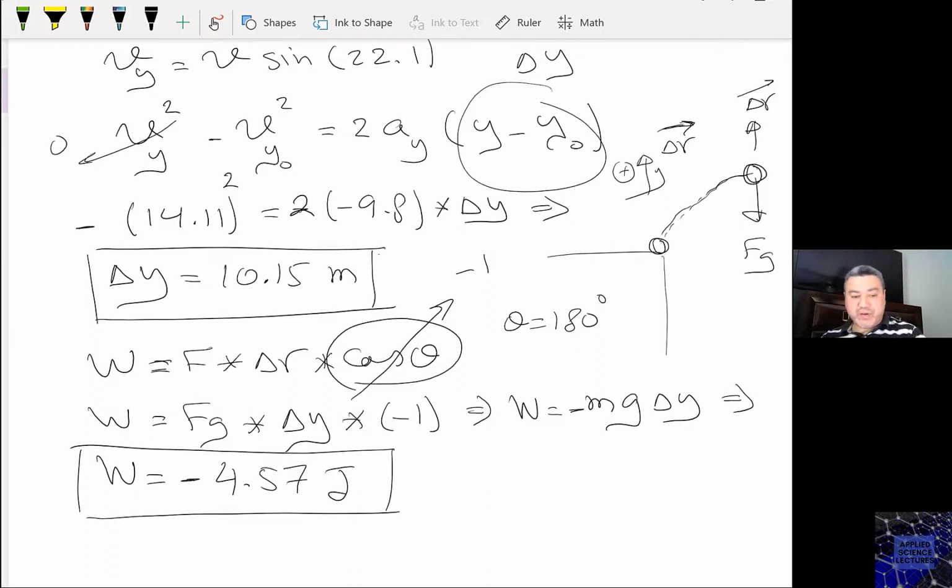So this is the work done by the gravity on the ball.